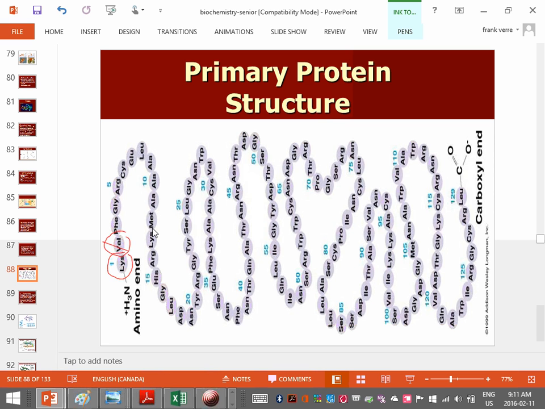And what determines this list? Where does the information come from to put down this list in this particular order? It comes from your DNA, your genes, right? So there would be a gene that tells a cell that when it's making this protein, this is the order of amino acids. Lysine's first, valine's next, okay? And at the end is leucine, right over here.